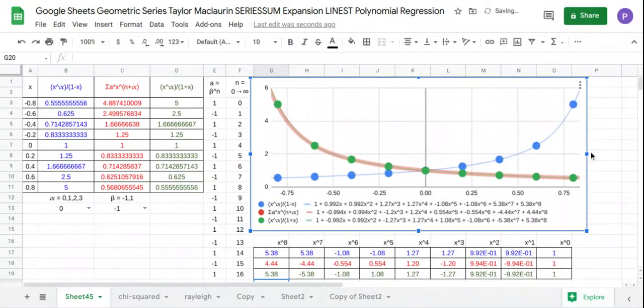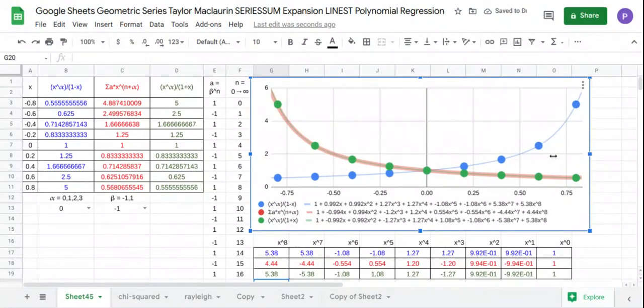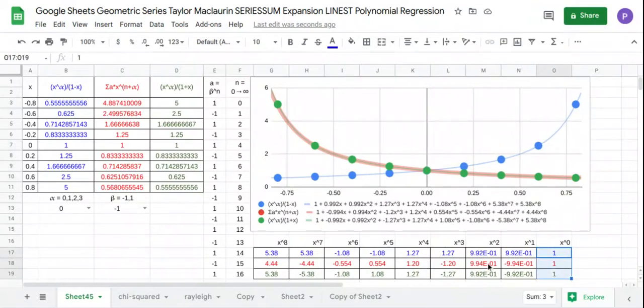So starting from 0, our coefficients would be 1, 1, 1, at x to the 0. Here, the coefficient of x, 0.992, negative 0.994, negative 0.992. The expansion is just an approximation.